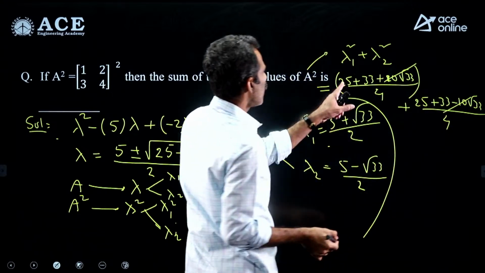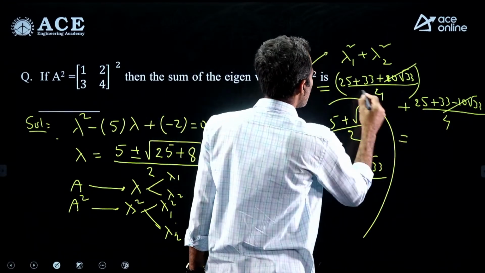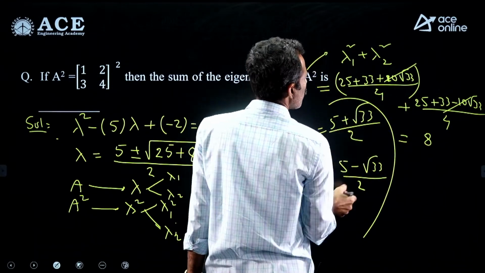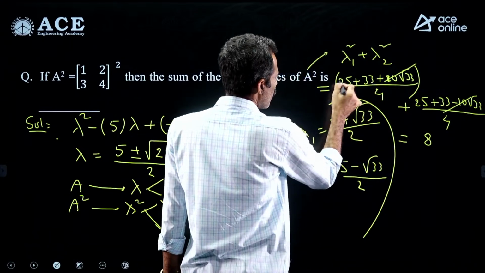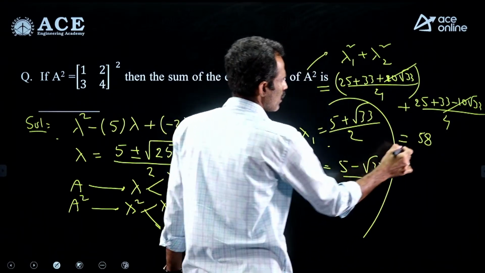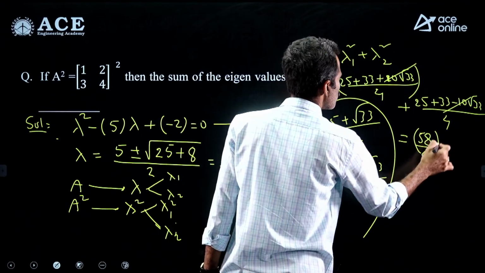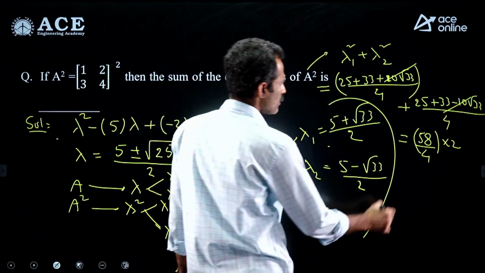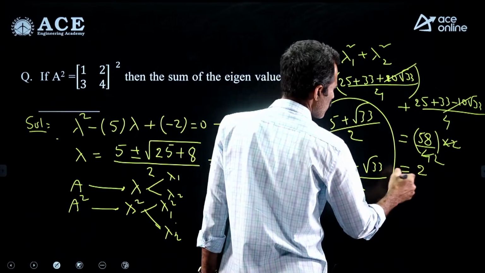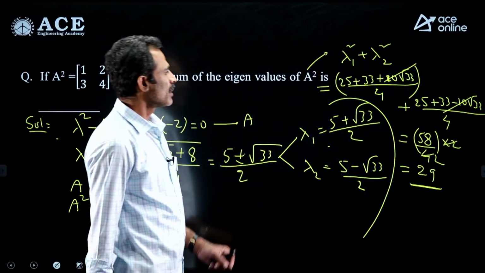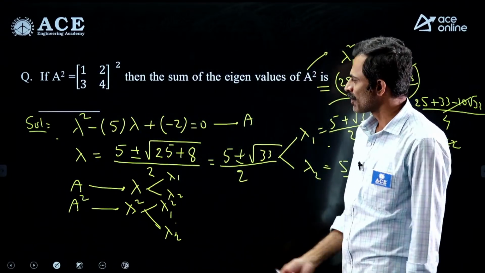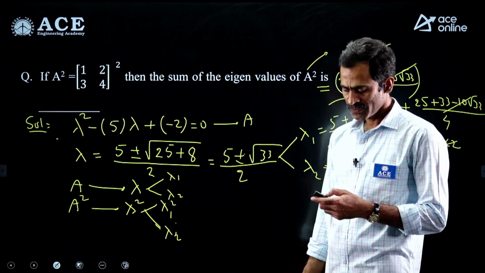These two terms get cancelled, and we have 25 plus 33, that is 58, plus 2 times this one, 3 plus 2, 5. This is the sum of the squares of the eigenvalues, or the sum of the eigenvalues of this A square matrix. So the answer is 29. Now let us go to the next problem.